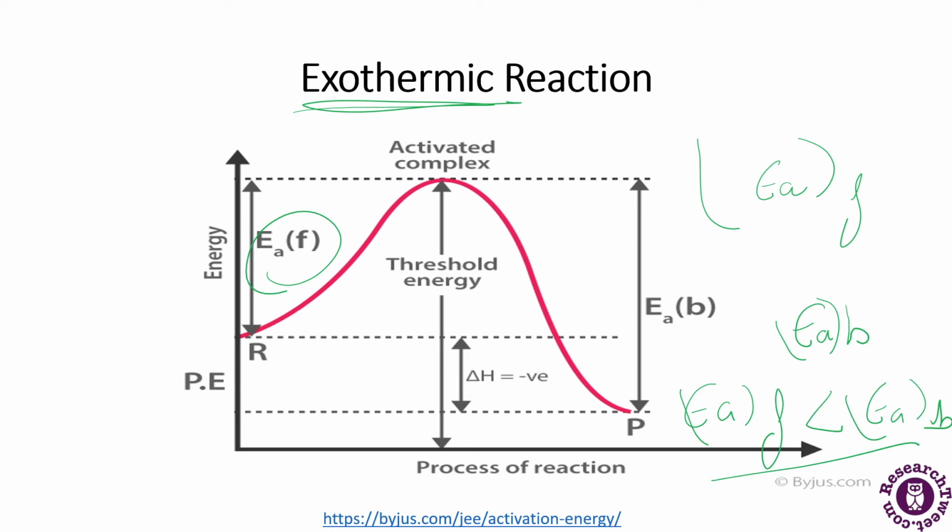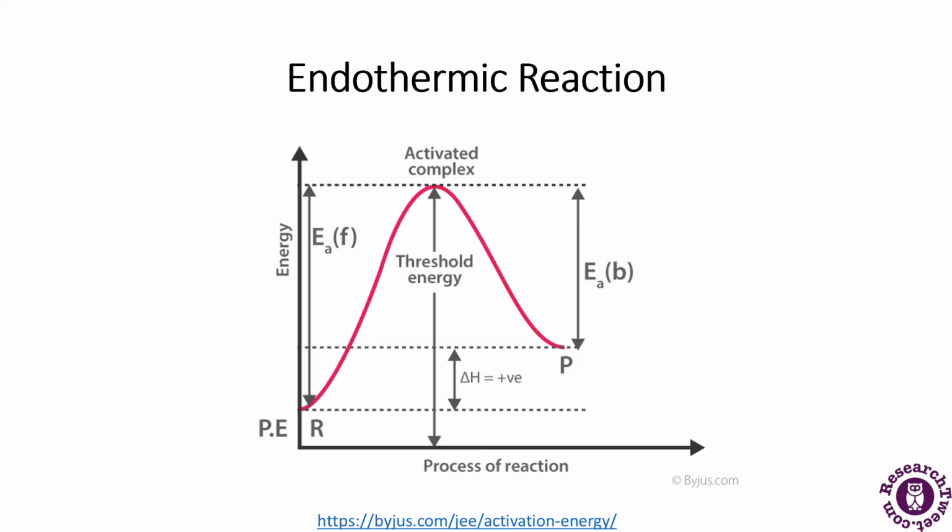Next comes the endothermic reaction. This is a graph representing the endothermic reaction. Here you can see there is an activated complex. The graph is plotted between the progress of the reaction and the energy.